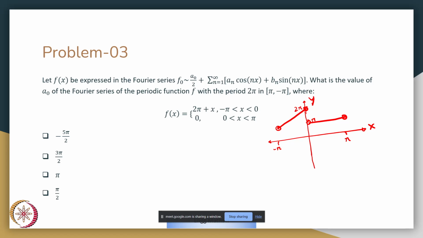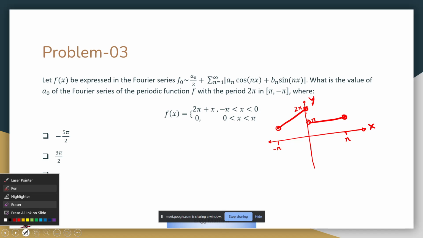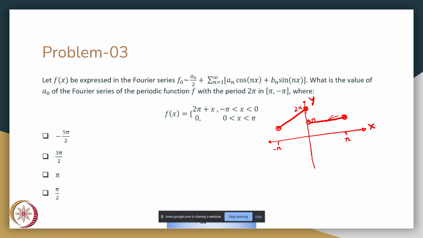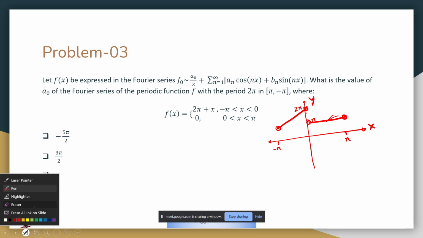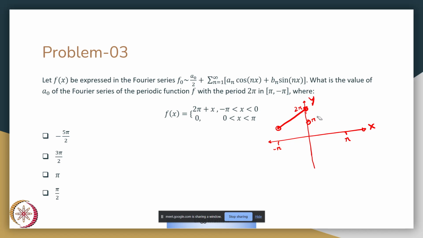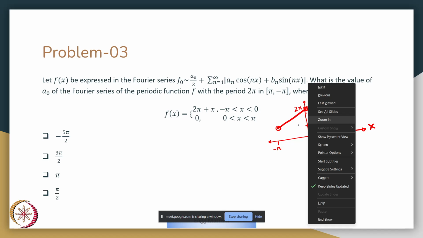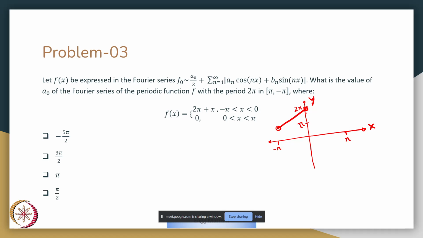Oh, sorry, it goes to 0 in the other half, in the positive. What this would look like is 2 pi plus x, at x equal to minus pi is nothing but pi. And when x equals 0, 2 pi plus x is 2 pi. When x is between 0 to pi, the function essentially lies on the x-axis. So this is what we have been given.